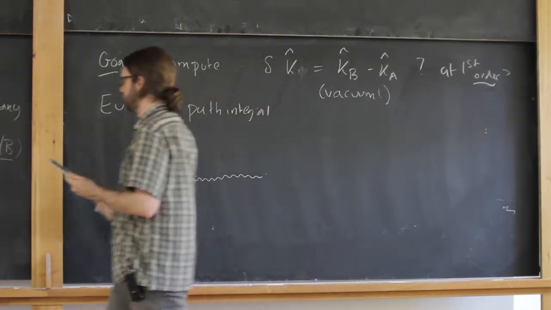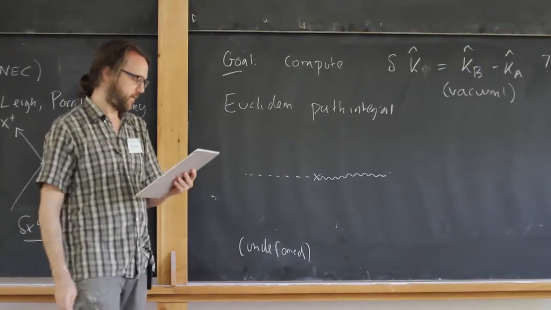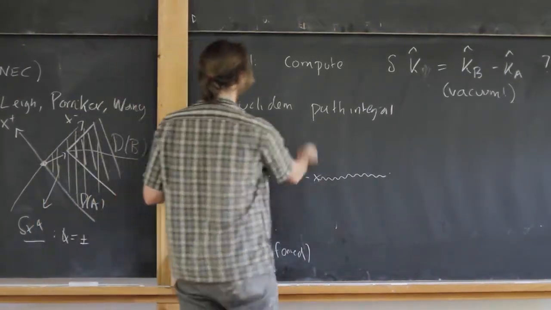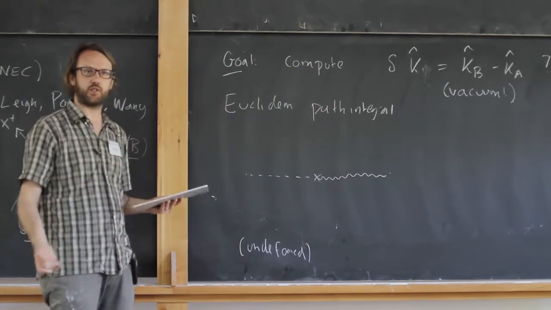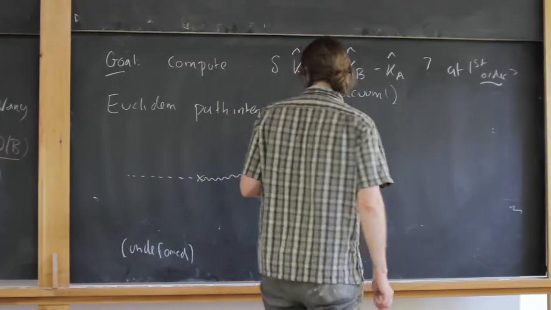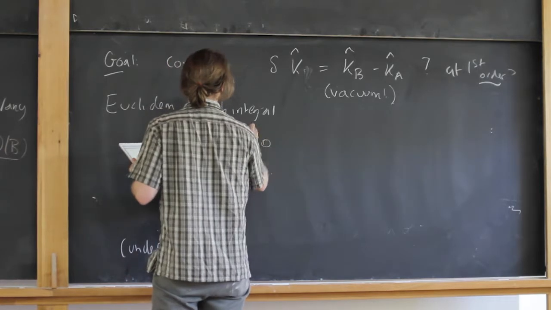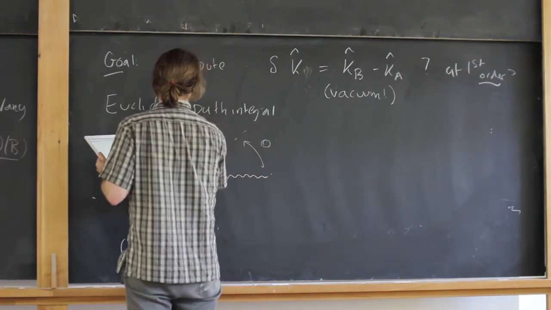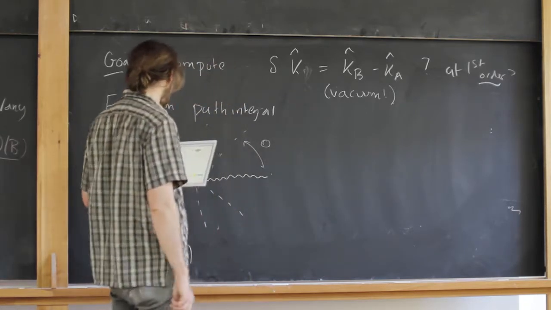And again, I'm just showing 2 dimensions, but the y direction always factors out. We do the path integral here with different boundary conditions on the top and the bottom, and that produces a density matrix for us. In particular, we're going to think about angular evolution in this direction.